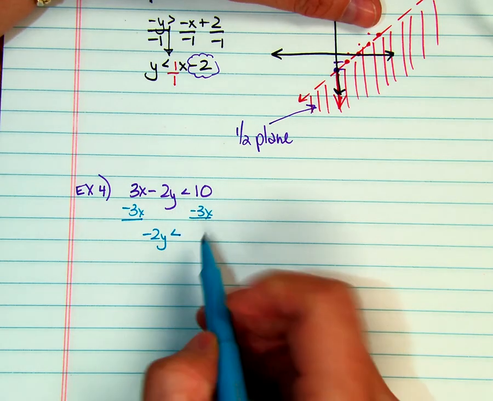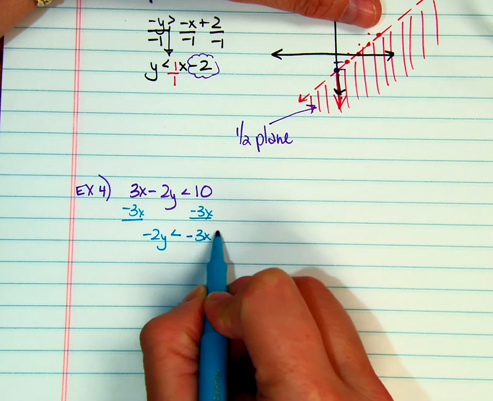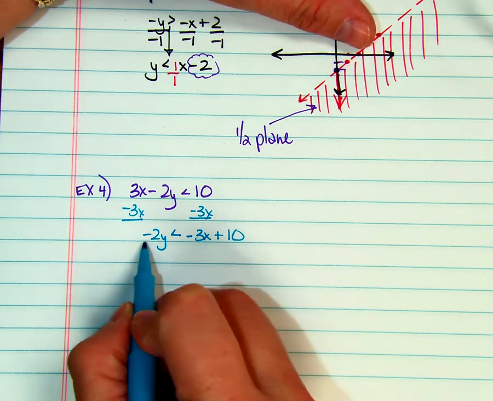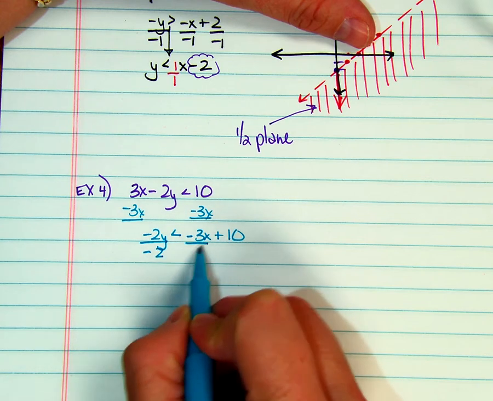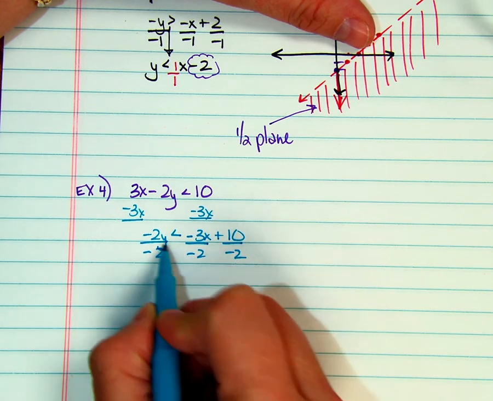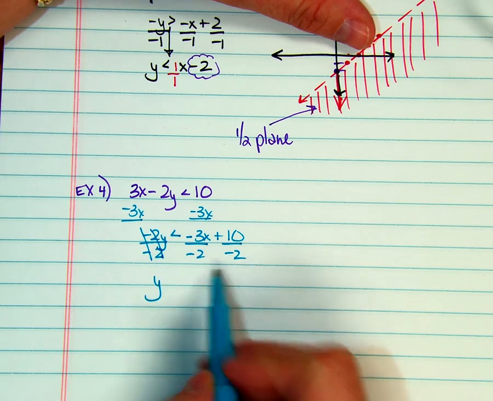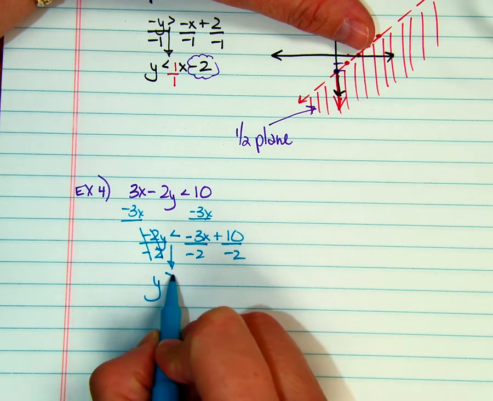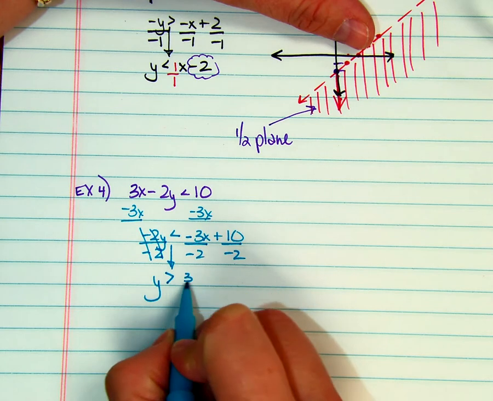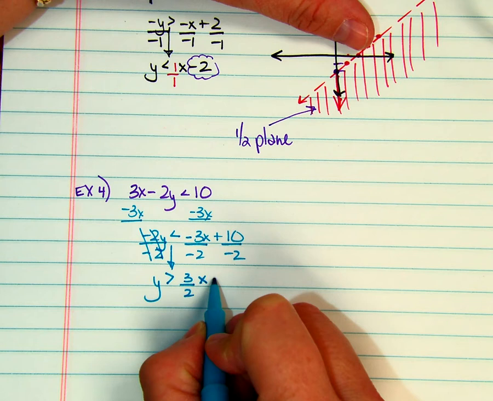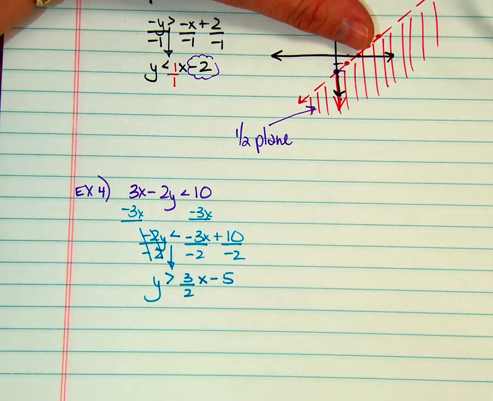These are not like terms, so I am not going to combine them. I'm going to put the x term first. Divide everything through by negative 2. I just divided everything by a negative number, so I have to switch the sign from less than to greater than. This gives me 3 halves x, and negative 5.